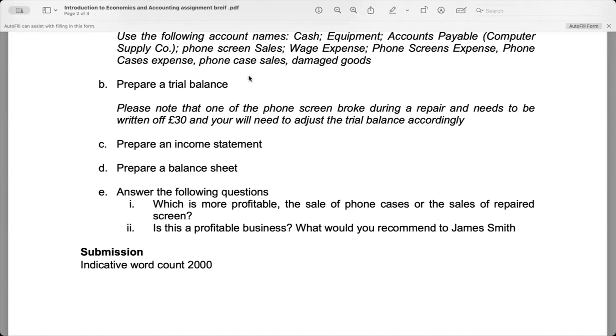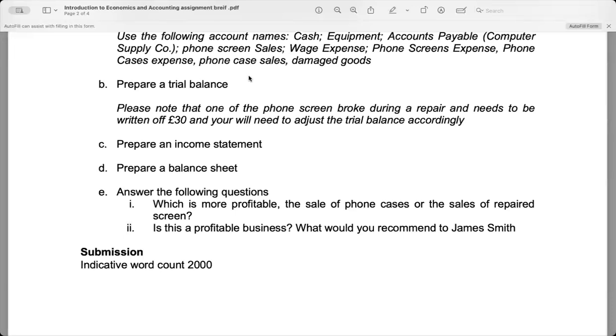Ensure all answers are written in full sentences with proper punctuation, grammar and spelling. Complete all sections of task 1 and task 2. Task 1 is the application form and task 2 is the trial balance assessment. Review and proofread your answer to ensure clarity and accuracy.